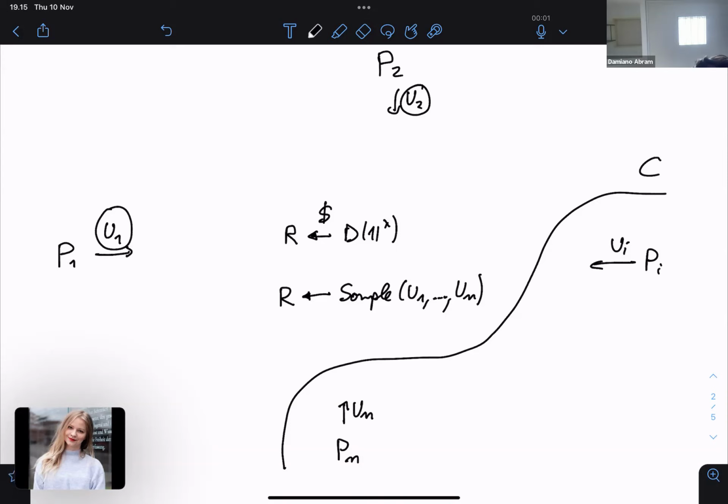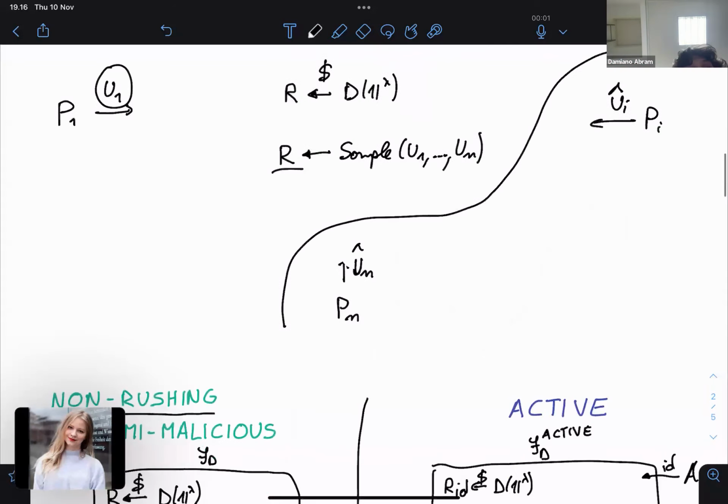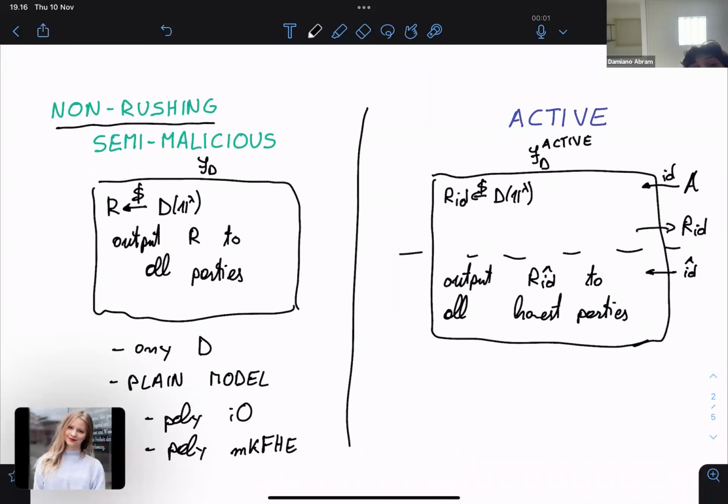In this way, it obtains many different samples. Then it can choose the one that it likes the most, and it can send the corresponding two messages in the protocol. And in this way, it is sure that the honest parties will output the value it chose.